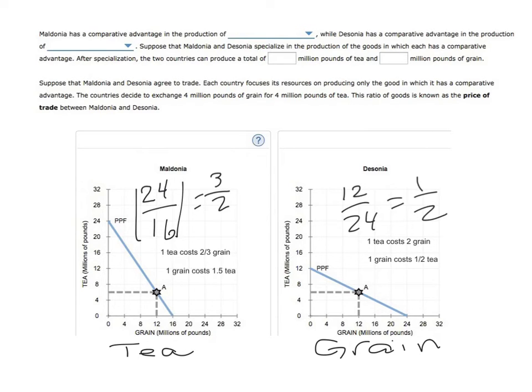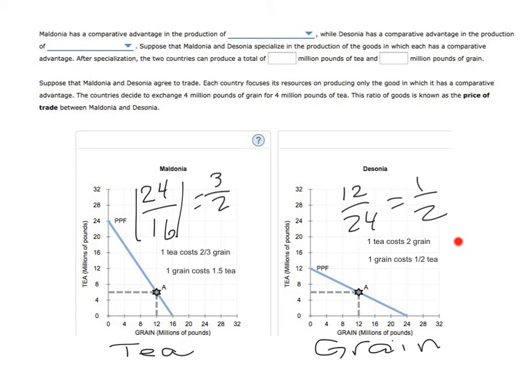If we do our ratios again, Maldonia's ratio is 24 over 16, 24 tea over 16 grain. That's 3 halves, and that reduces further to tell us that 1 million pounds of tea costs 2/3 of a million pounds of grain, or 1 grain is going to cost 1.5 tea. Dazonia, 12 over 24, that reduces to 1/2.